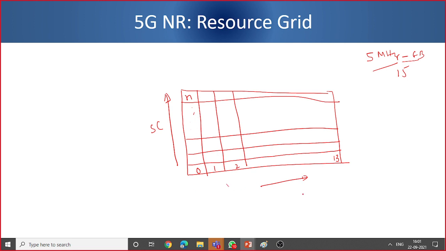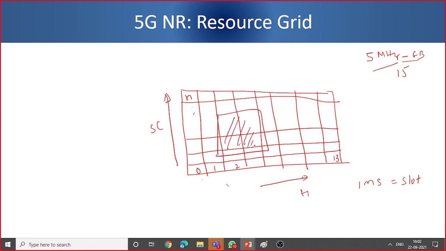In this direction I have time, that is symbol 0, symbol 1. So this basically is called a grid. This is a resource grid, right? So in 1 millisecond, which is the slot duration in case of numerology 0, and all those frequencies, this is the resource grid. When I say resource grid, some part of it can be allocated to one user, some part of it can be allocated to another user.